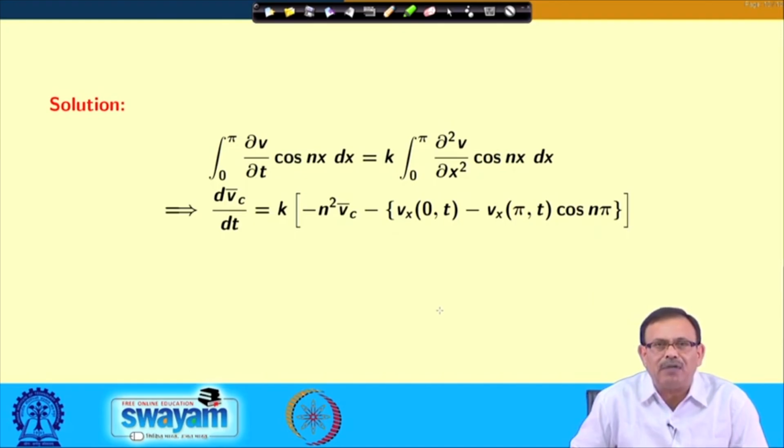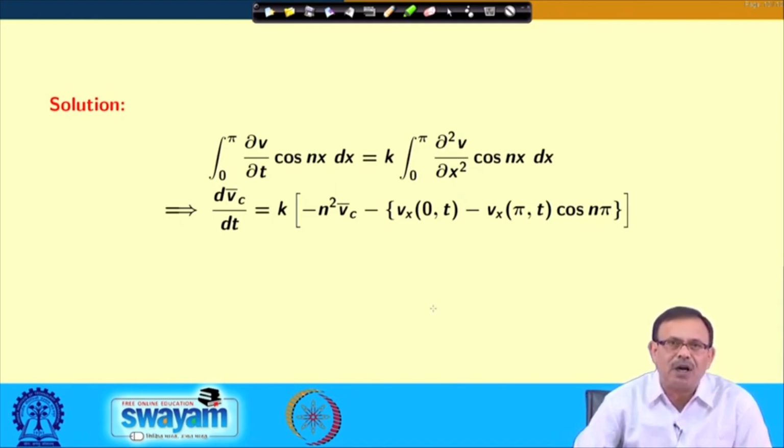I am directly putting the value k times minus n squared v c bar minus within bracket v_x(0,t) minus v_x(pi,t) cos n pi. If you recall from the given conditions, the value of v_x(0,t) is 0 and the value of v_x(pi,t) is equal to 0, so the entire second term will vanish and only the first term on the right hand side will be there.